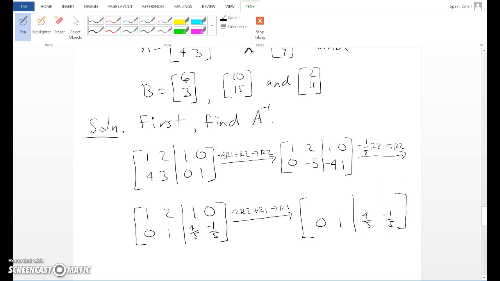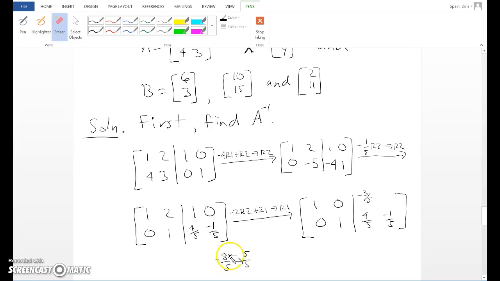Alright, let's see how that shakes out. -2 times 0 is 0, plus 1 stays fixed. -2 times 1 is -2, plus 2 is 0, good. -2 times 4/5 is a -8/5. Plus 1, which is 5/5, comes out to -3/5.